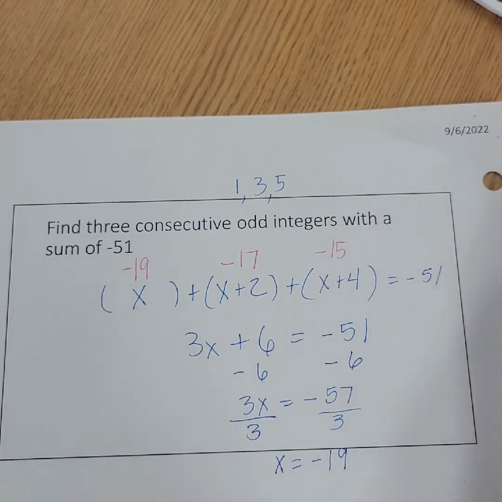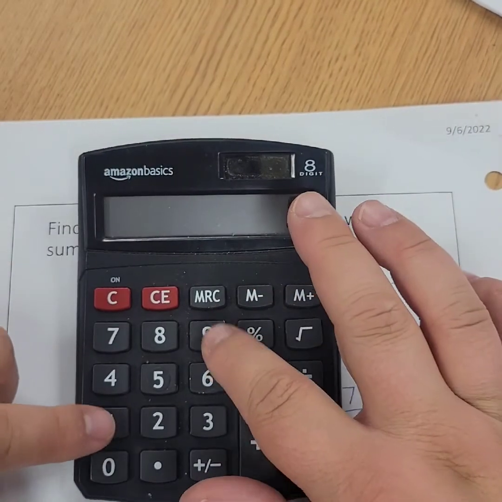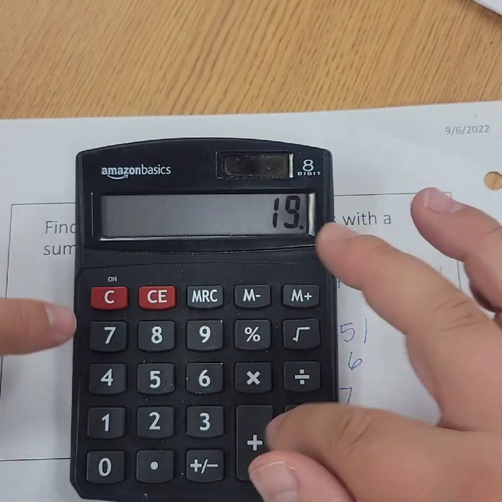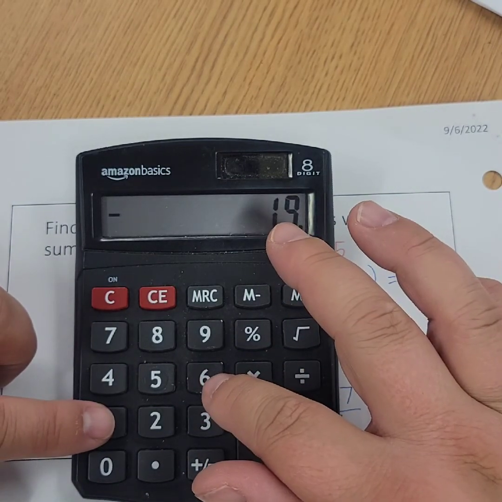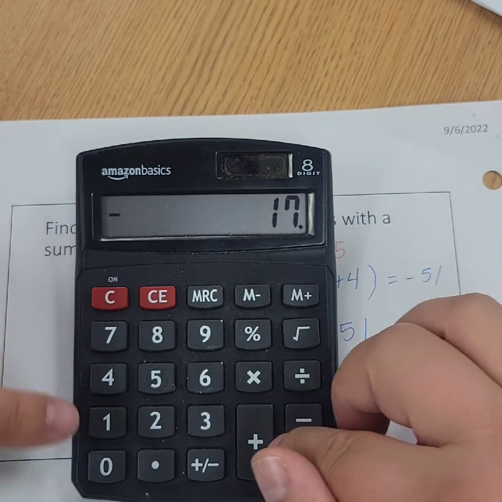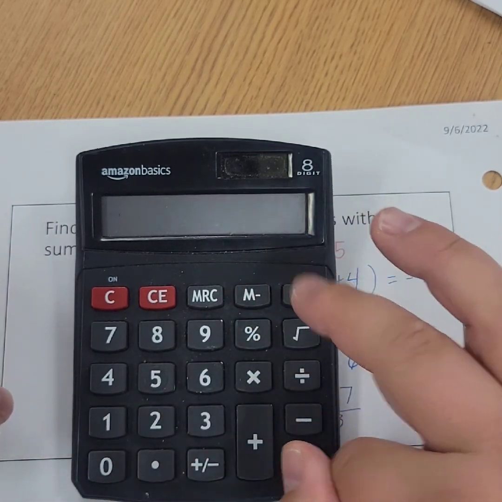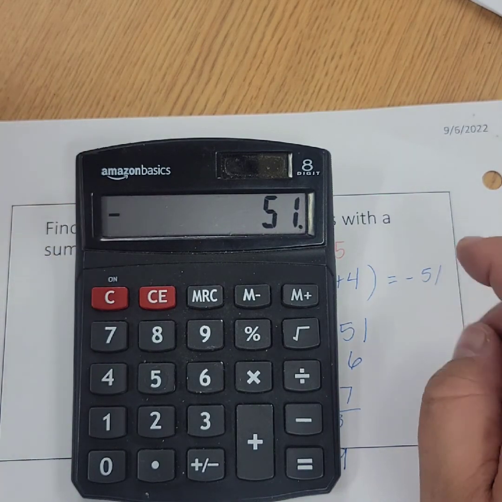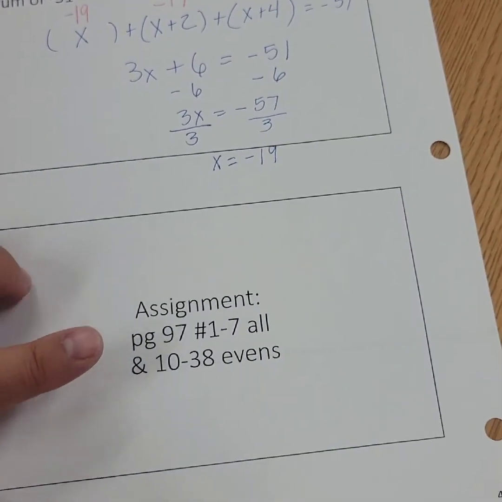And so really quick, if we have negative 19, let's see, negative 19 plus negative 17 plus negative 15. So we have negative 51. The negatives over here. Okay, so then your assignment is this.